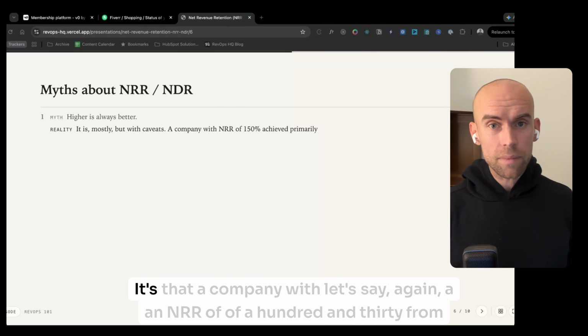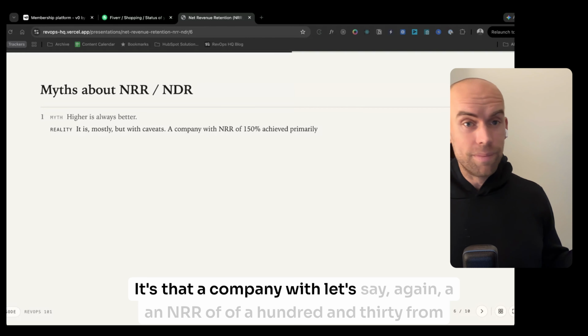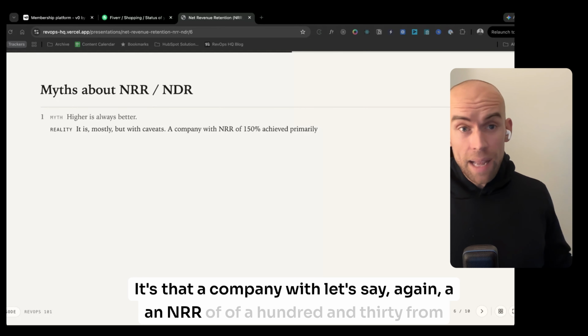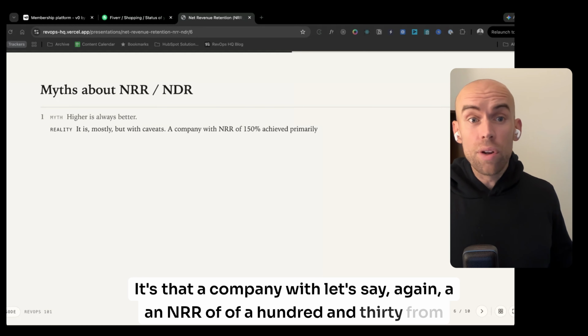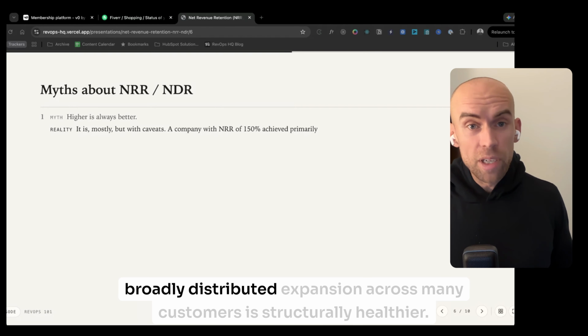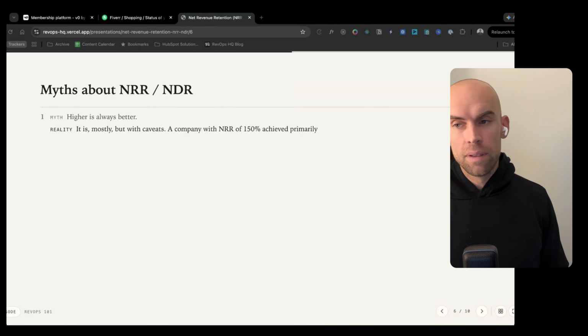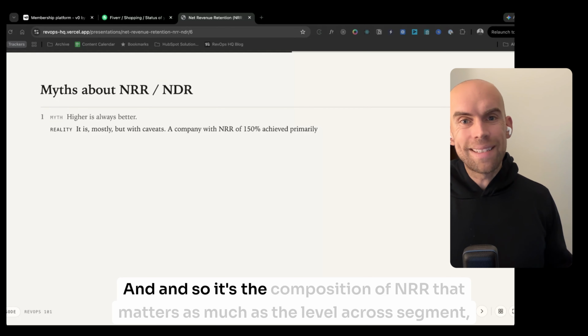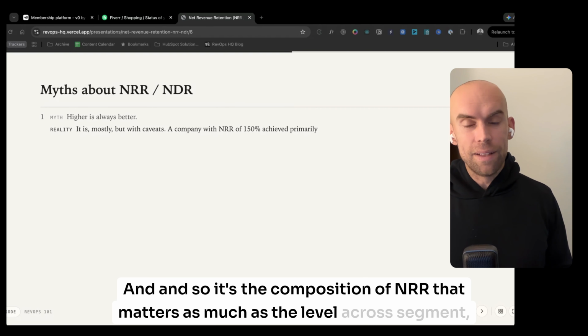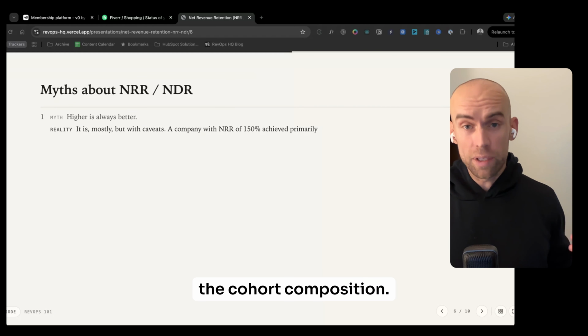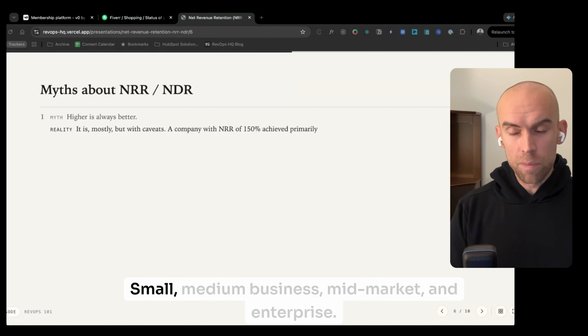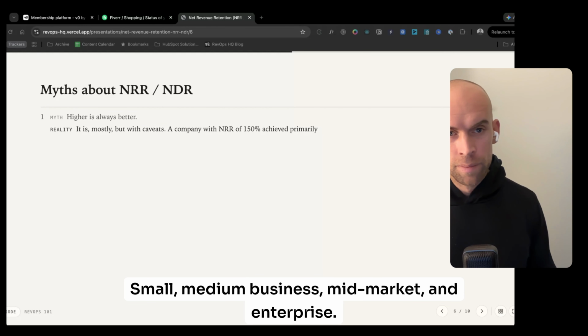A company with, let's say, again, an NRR of 130% from broadly distributed expansion across many customers is structurally healthier. And so it's the composition of NRR that matters as much as the level, across segment and cohort composition. Okay. Small and medium business, mid-market, and enterprise.